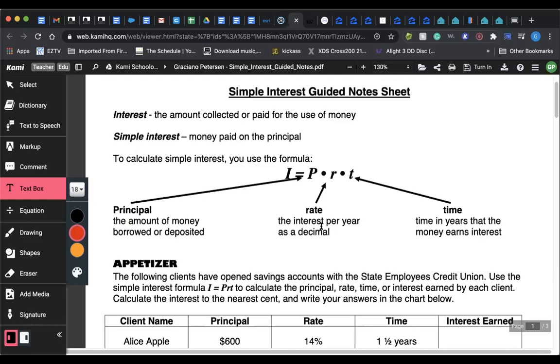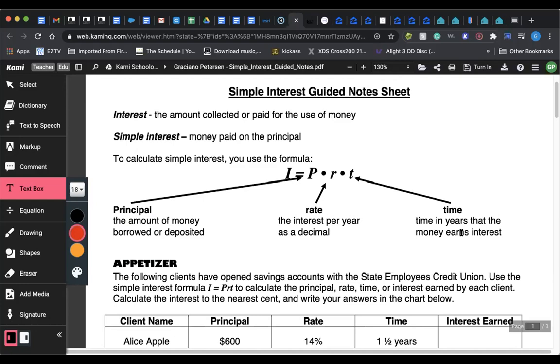The rate is the interest per year as a decimal, right? So rates are percents, and we always use percents as decimals. And time in years, right? Always in years that the money earns interest, okay?